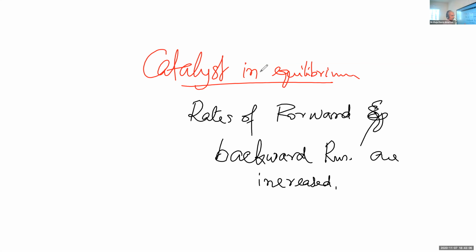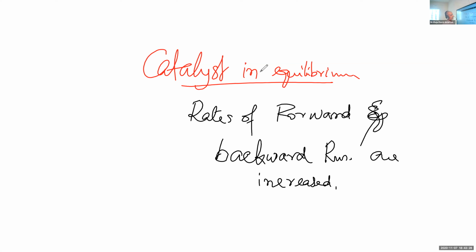So in a reversible reaction, a catalyst increases the forward and the backward reactions to the same extent. It increases the forward reaction and the backward reaction to the same extent.